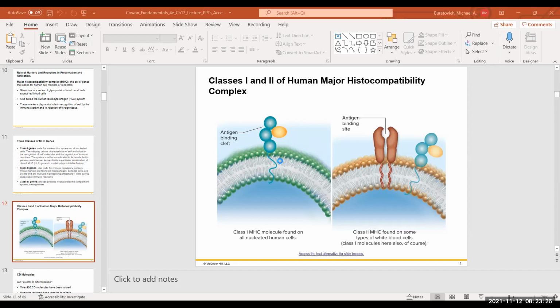You're going to pick one of those variable chains and join it to this diversity chain and one of these joining chains. That'll be matched to one of these particular types of constant regions. Then you're going to pair this chain with that chain to make a mature T cell receptor. Now, how many different types of T cell receptors do you think you could make with this many different segments?